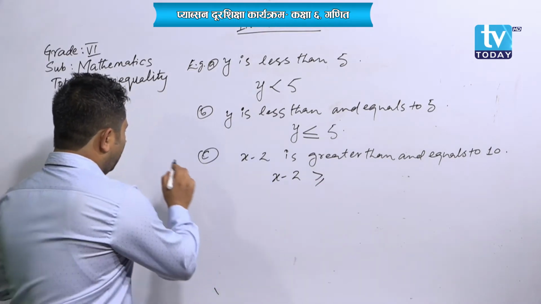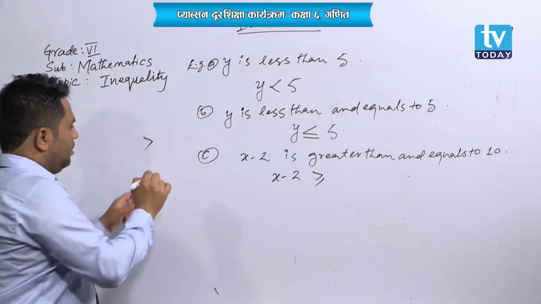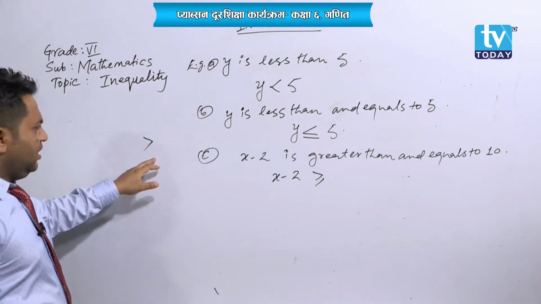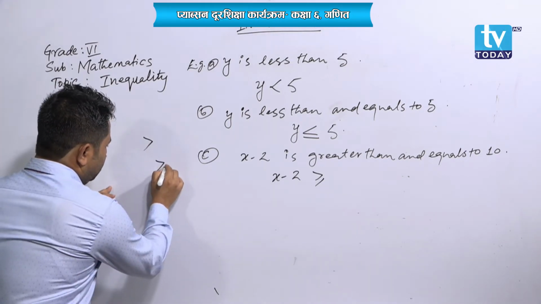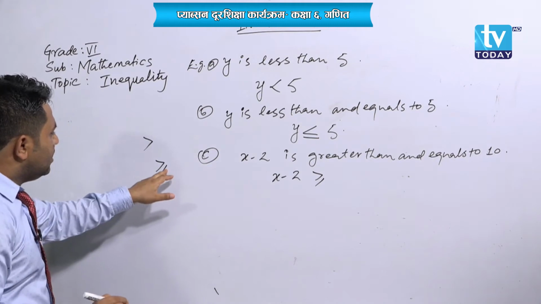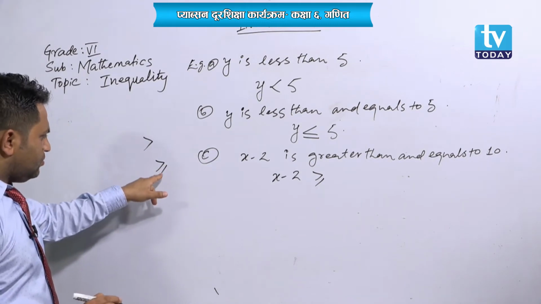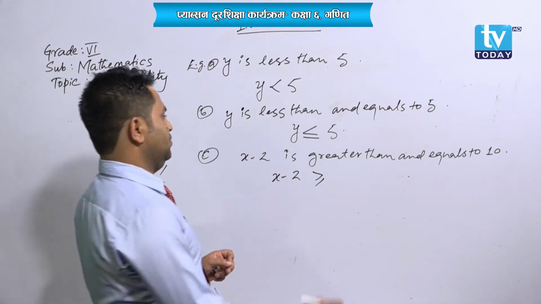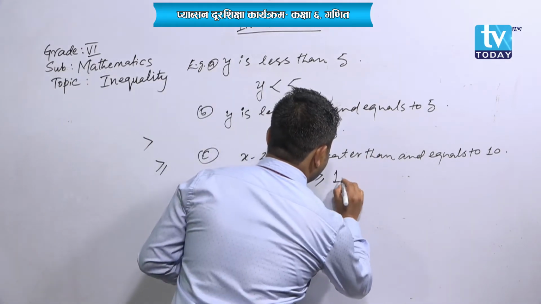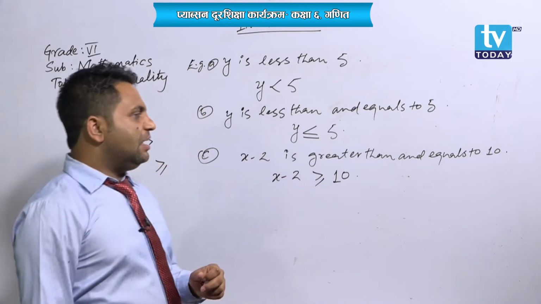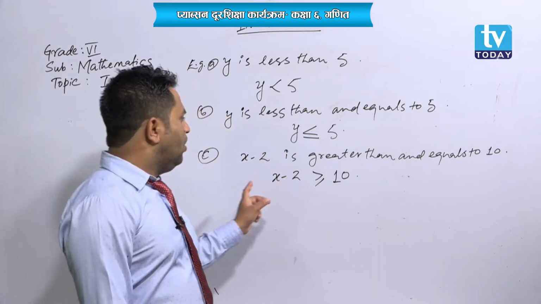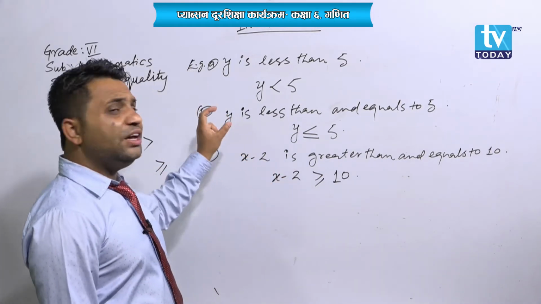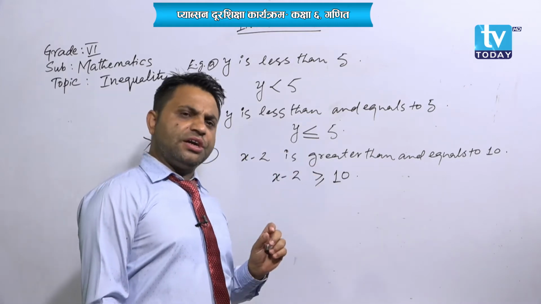If only this, then greater than, and if there is greater than and there is another line, then it will be greater than equals to. These are some examples of inequality. Is that clear? All right.